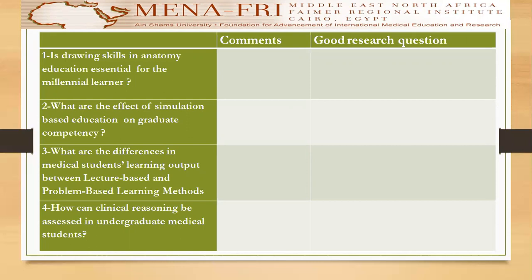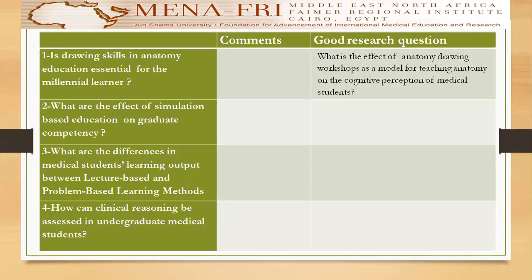As you see, this question is vague. It's not feasible. It's not specific. I think the good one is: What is the effect of an anatomy drawing workshop as a model for teaching anatomy on the cognitive perception of medical students?